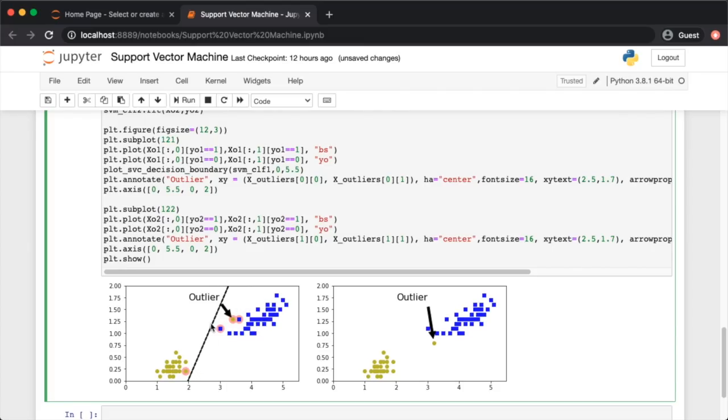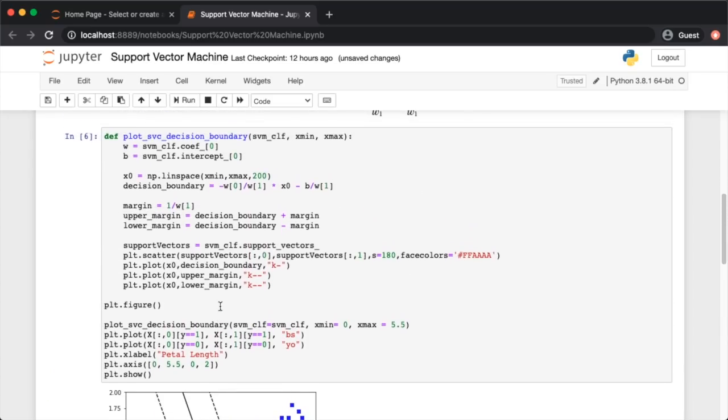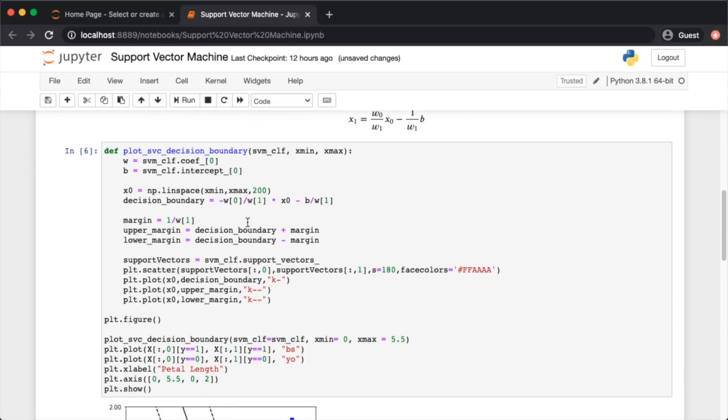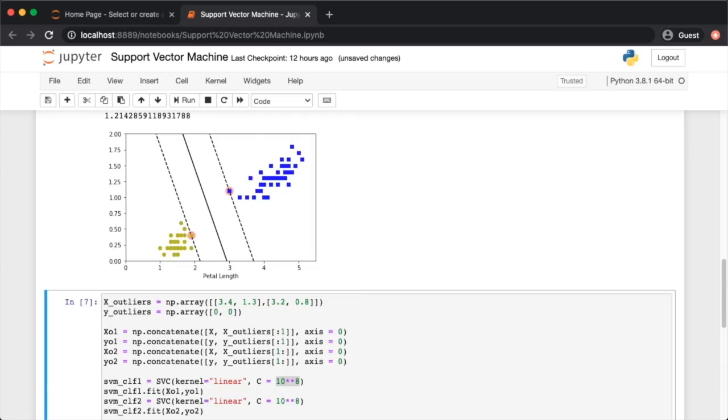As you can see, we don't have any margin. Actually, the margin is 0. Let's try to print the margin. So str margin, actually it's a print like this.